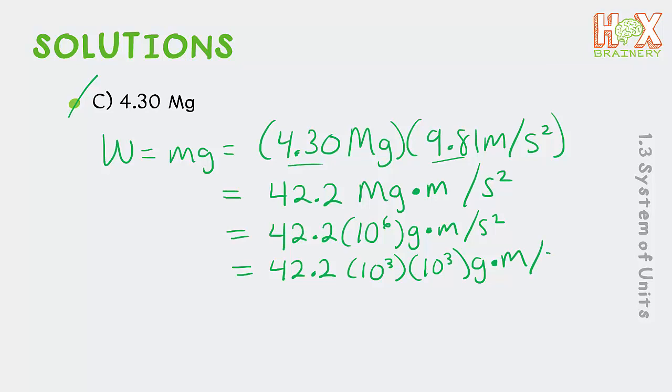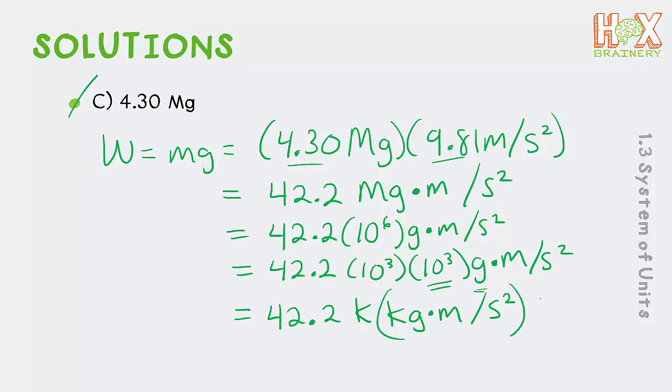The reason why I'm doing this is so that I can rewrite this as a kilo and then put it with the grams so that I can convert to newtons. So this is equal to 42.2 kilo times kilograms times meters divided by seconds squared. So this right here gets replaced with a newton. So I have 42.2 kilonewtons.